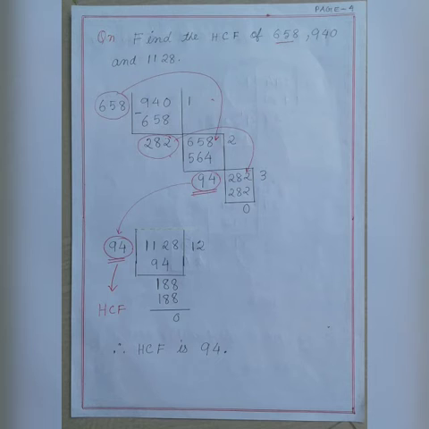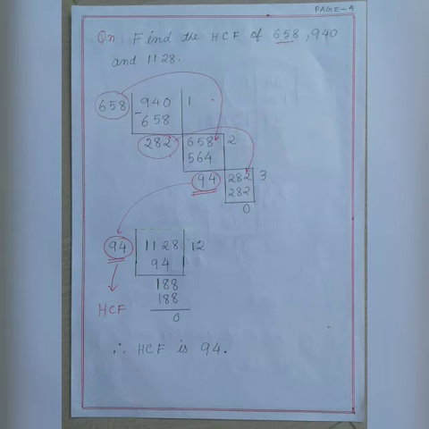So if I divide 940 by 658, I get quotient 1. 658 into 1, 658. If I subtract, I get 282. And now the divisor I shall bring down as dividend. 658 divided by 282 is 2 times and I get remainder 94.